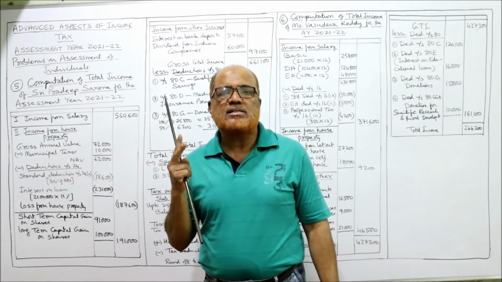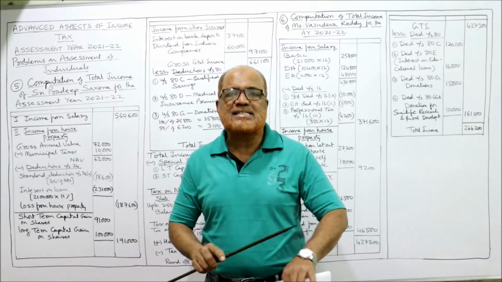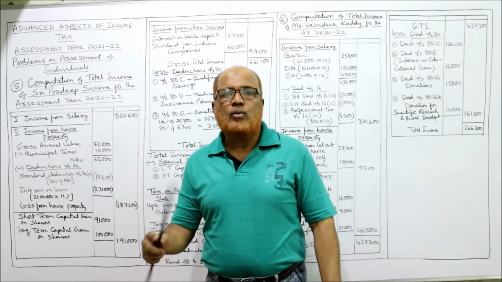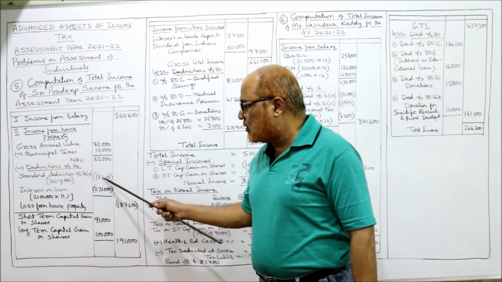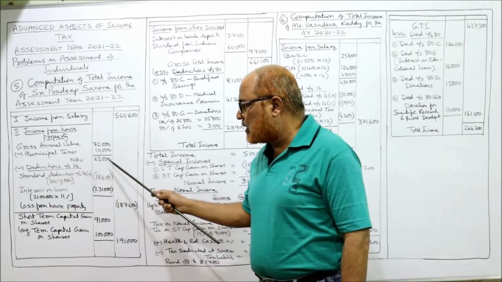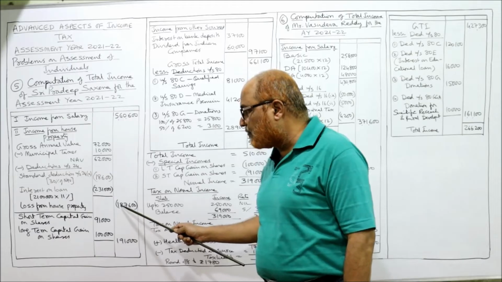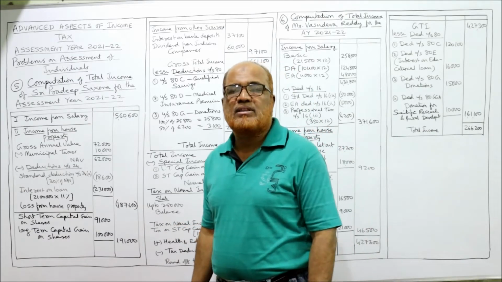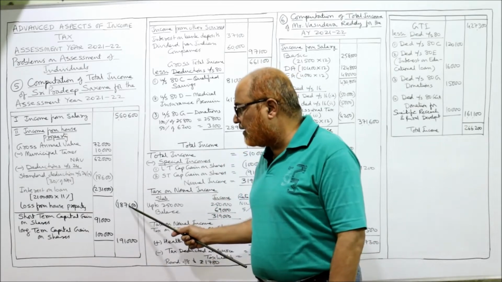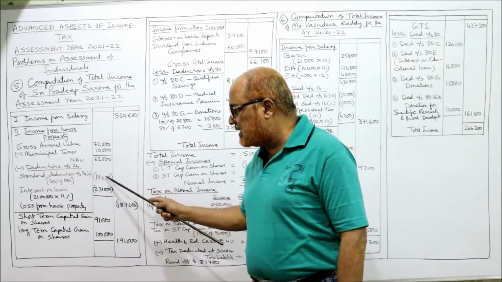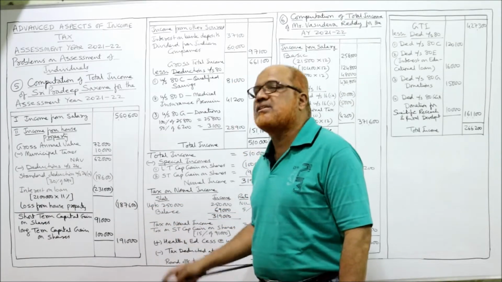So only 2 deductions are allowed under section 24, 24A and 24B. 24A is the standard deduction, compulsory. And 24B is interest on loan taken to purchase the house. So the total of these two: 62,000 minus 18,600 minus 2,31,000, you are getting minus 1,87,600.